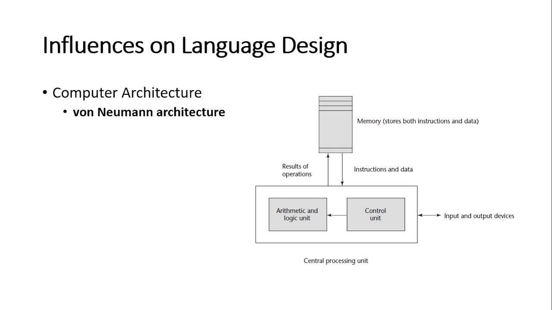Iteration is fast on von Neumann computers, because instructions are stored in adjacent cells of memory, and repeating the execution of a section of code requires only a branch instruction.